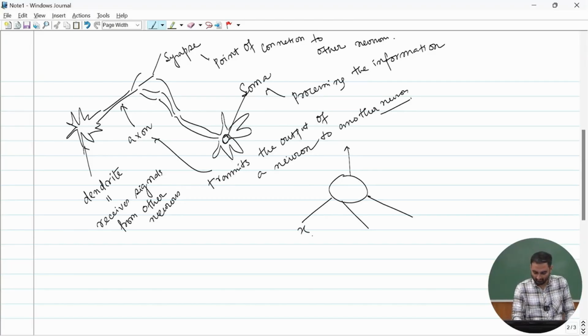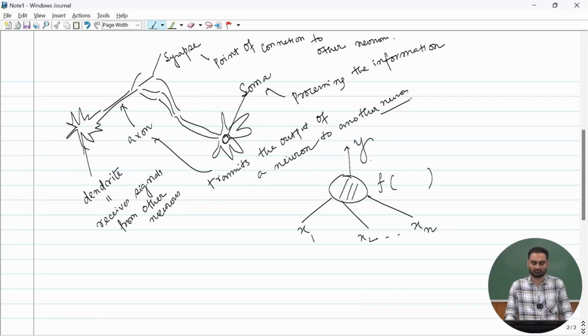So you have some inputs x1, x2, ..., xn. Here you do some processing. You can think of the processing as a parameterized function, which takes x1, x2, ..., xn as inputs and produces y as an output, right? So this is a very simple way of describing this complex neuron structure.